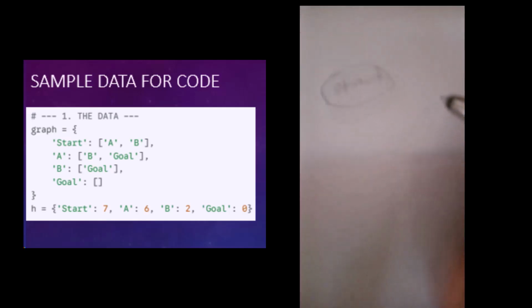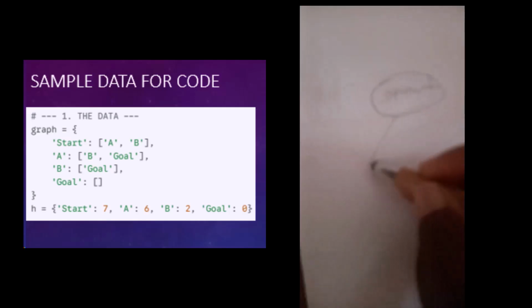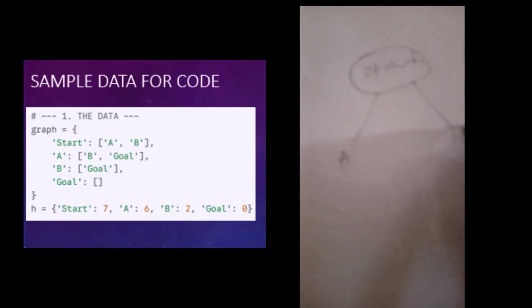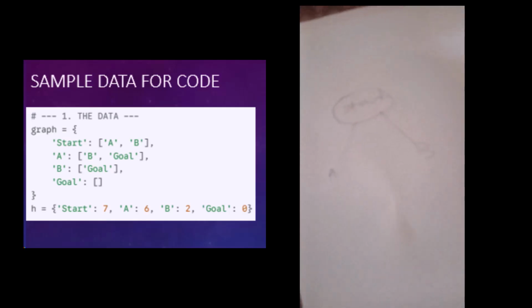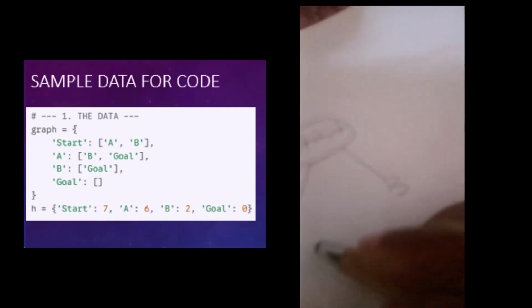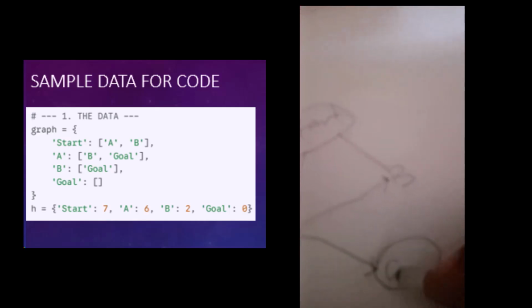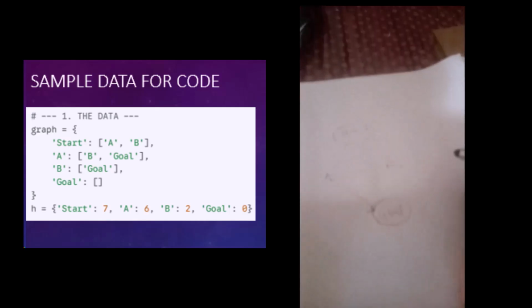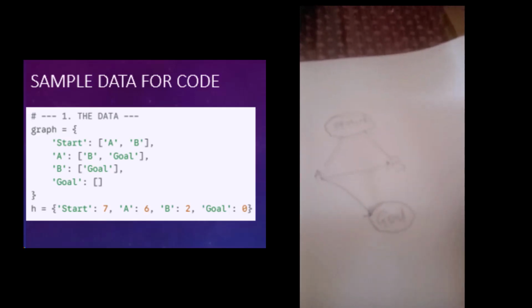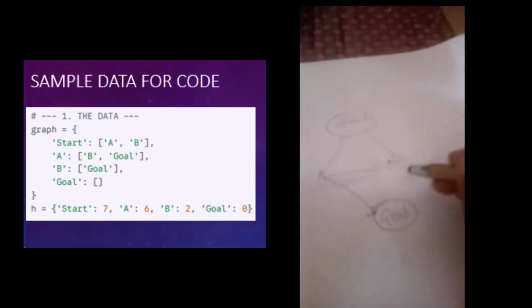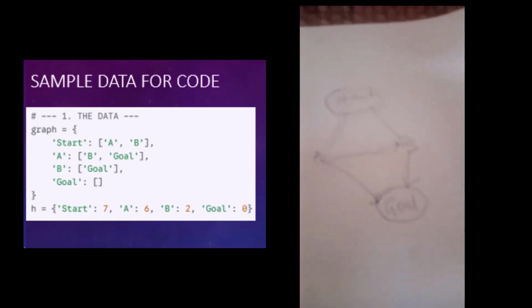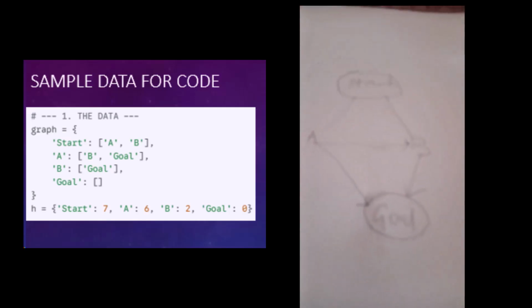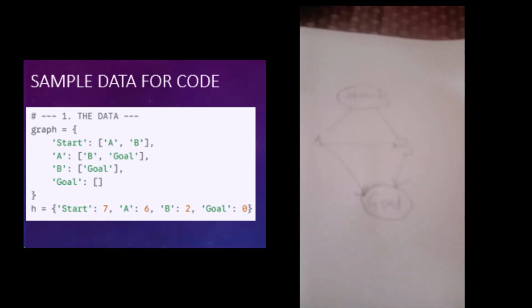Now, the line says start is connected to A and is connected to B. Then A is connected to B and also connected to the goal. And then B is connected to the goal. Simple diagram and straightforward. Don't know whether this camera is clear, but at least just to give you an idea of how it looks like.